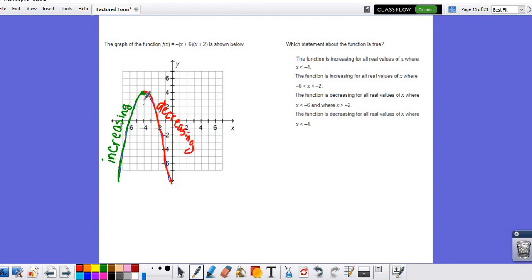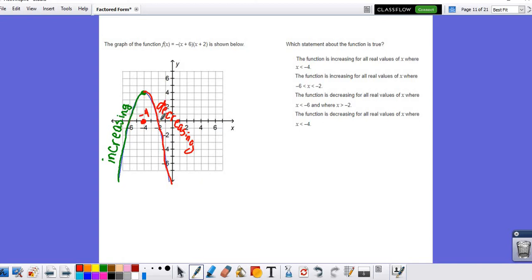And we're looking at our x value, so the turning point here is negative 4. So the function is increasing if x is less than negative 4. Is that true? The function is increasing if we're between negative 6 and negative 2. So that's from here to here.